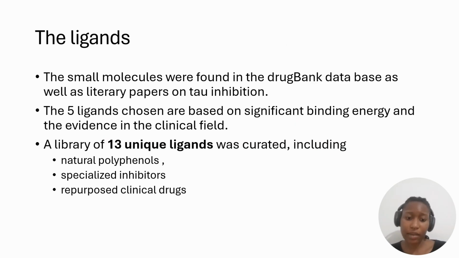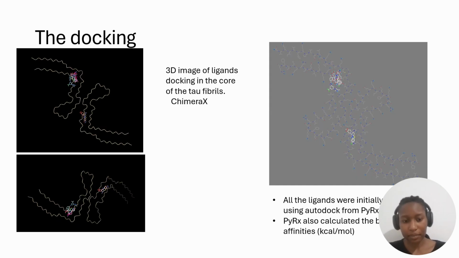I looked at 13 unique small molecules in total, and they were taken from DrugBank or literature papers on tau inhibition. They fall into three classes: natural polyphenols, specialized inhibitors, and designed or repurposed clinical drugs.